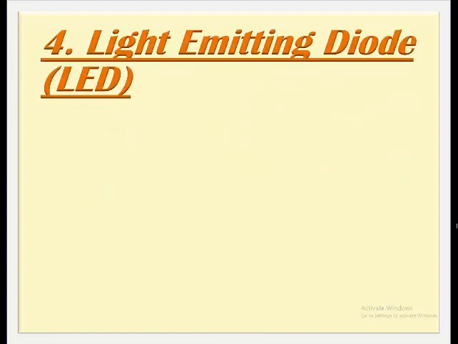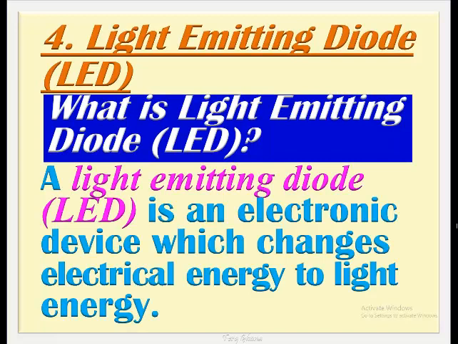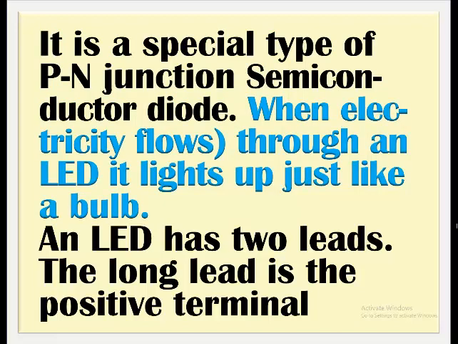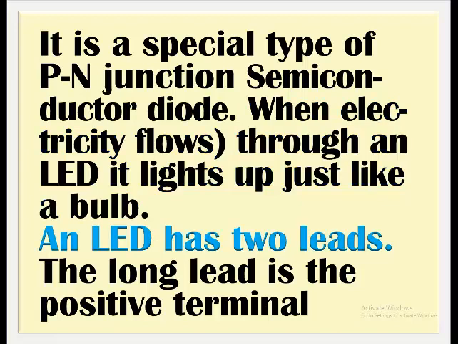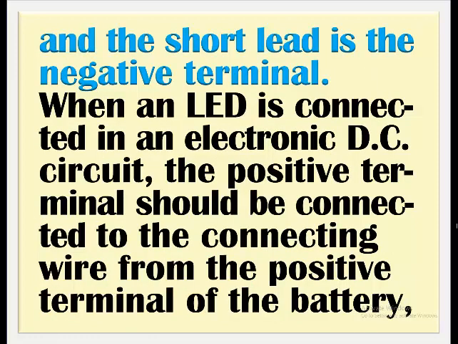4. Light emitting diode, LED. What is a light emitting diode, LED? A light emitting diode, LED, is an electronic device which changes electrical energy to light energy. It is a special type of P-N junction semiconductor diode. When electricity flows through an LED, it lights up just like a bulb. An LED has two leads. The long lead is the positive terminal, and the short lead is the negative terminal.